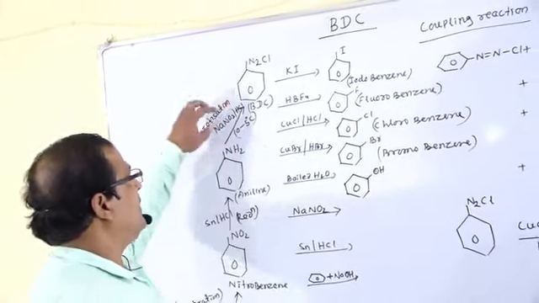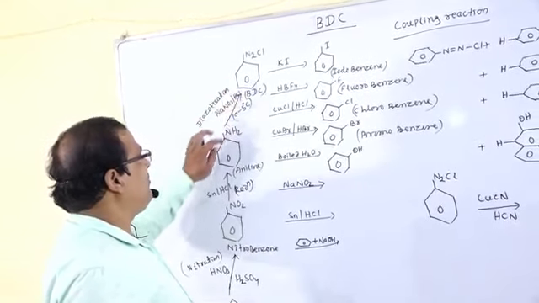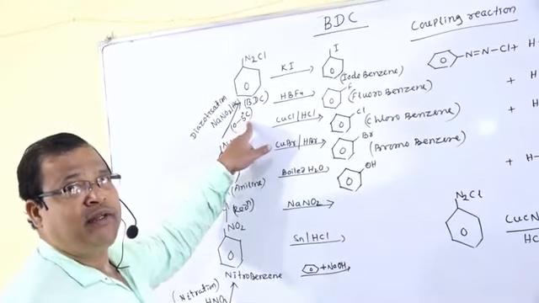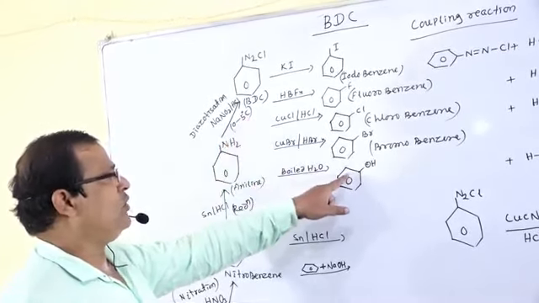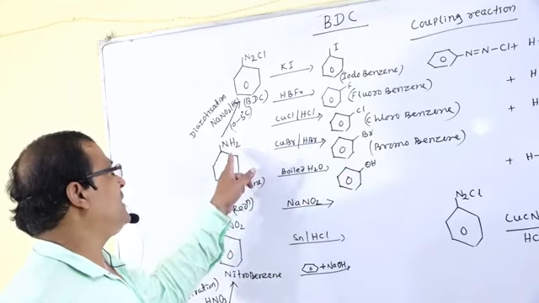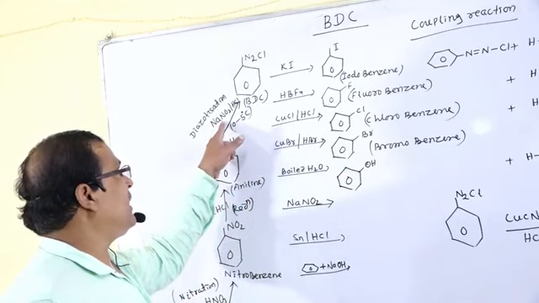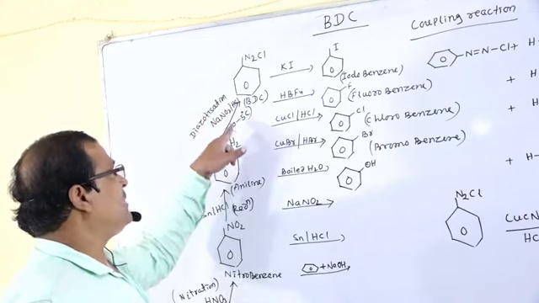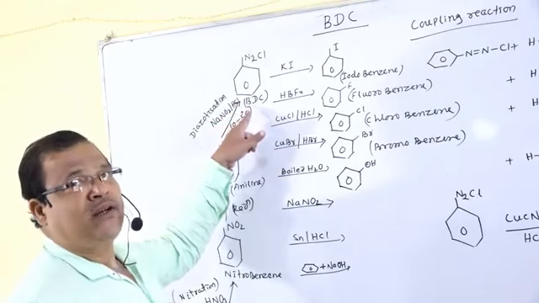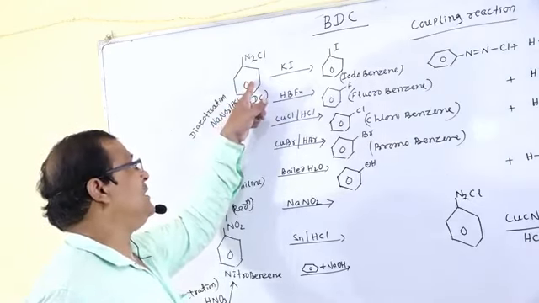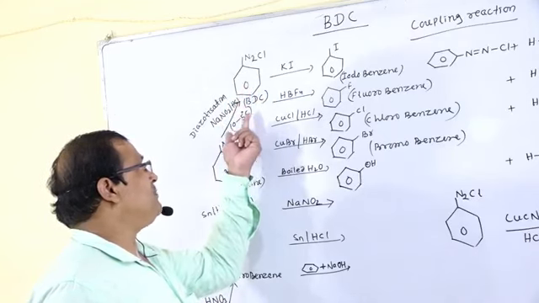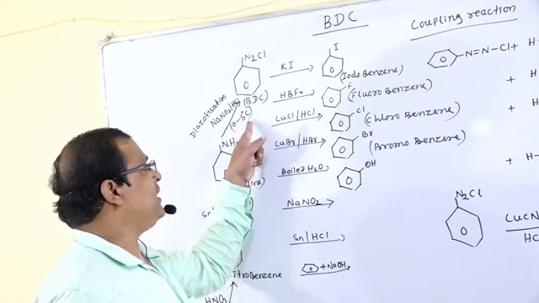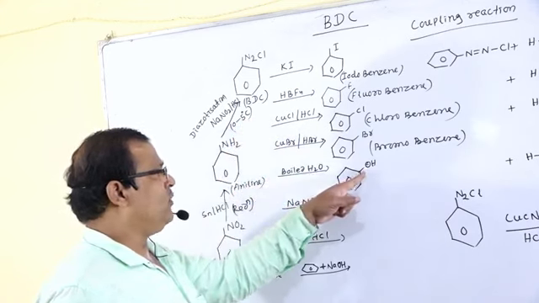Therefore, during the formation of BDC from aniline, the temperature must be maintained within 0 to 5 degrees centigrade, otherwise phenol will be formed. Aniline is treated with NaNO2 and HCl, that is nitrous acid, in diazotization, and the temperature must be maintained within 273 Kelvin to 278 Kelvin, otherwise phenol will be formed.